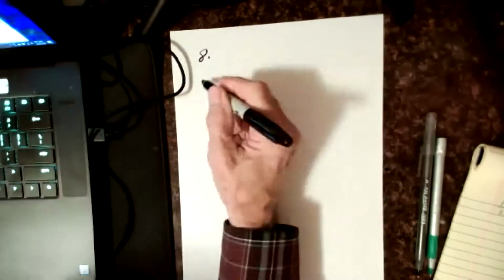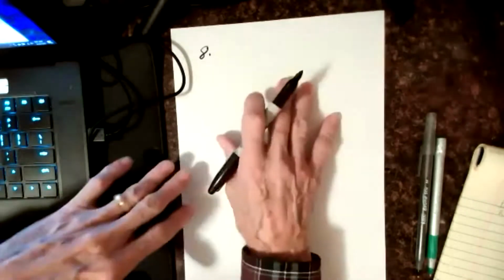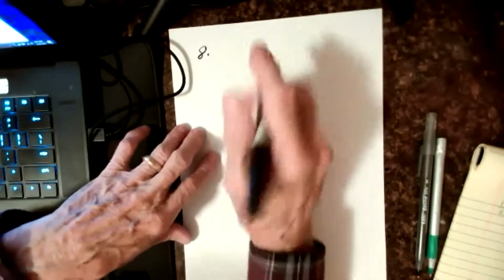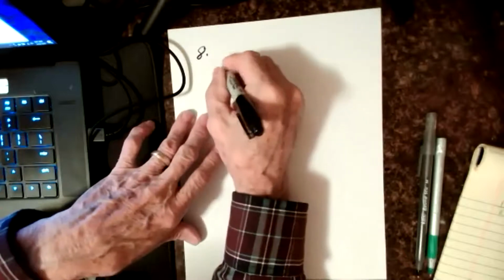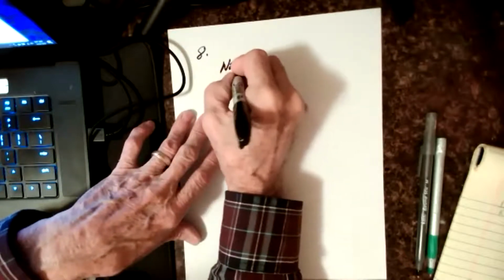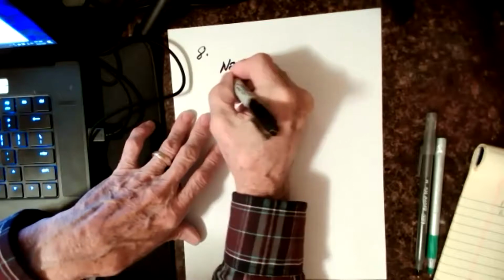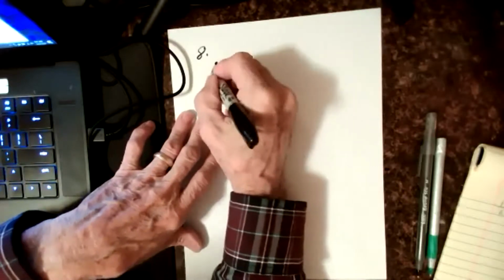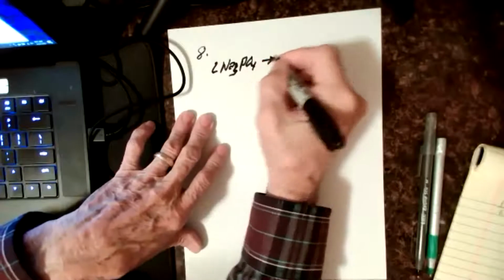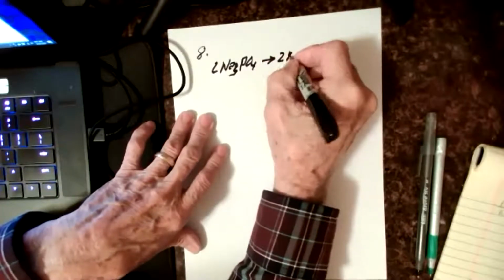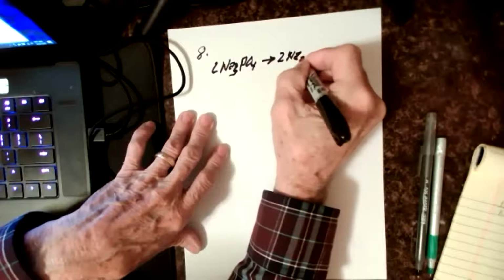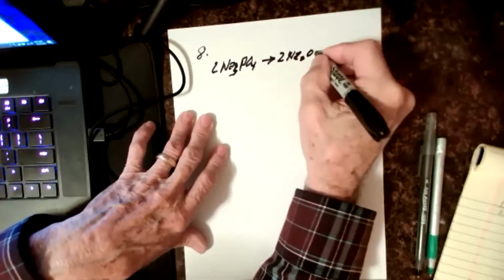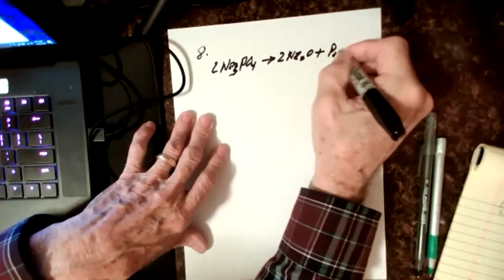All right, number 8. We want to predict a reaction and determine whether we think it takes place or not. Here are the 2 reactions. We've got 2 Na3PO4 going to 3 Na2O and P2O5.